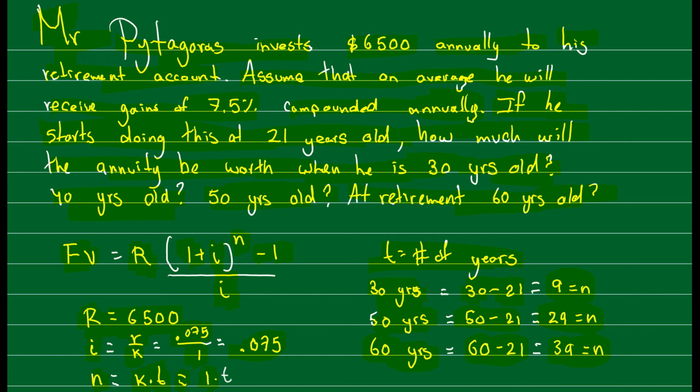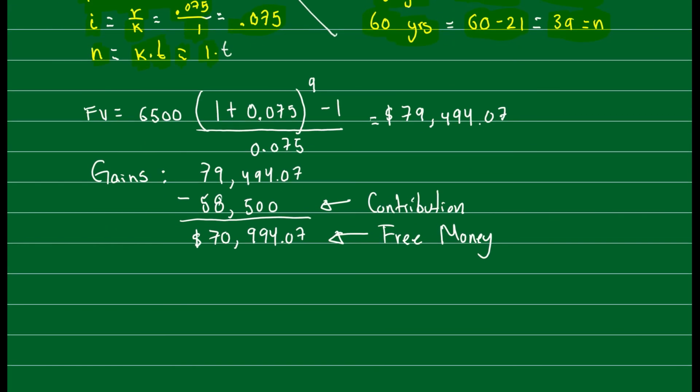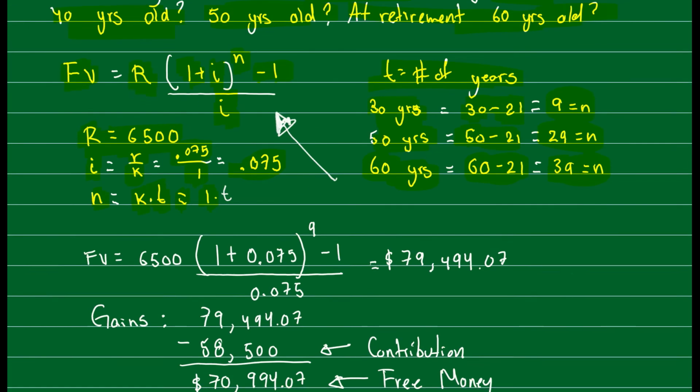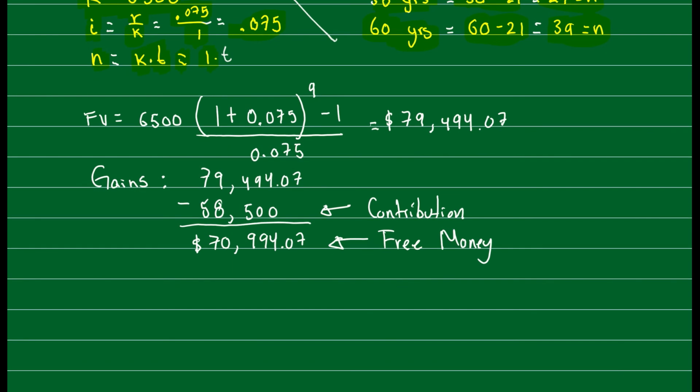So all these values, we can just substitute into our formula to find the value of each period of time. If we calculate when Mr. Pythagoras is 30 years old, the value is 6,500 times 1.075, my rate, with 9 years passed.